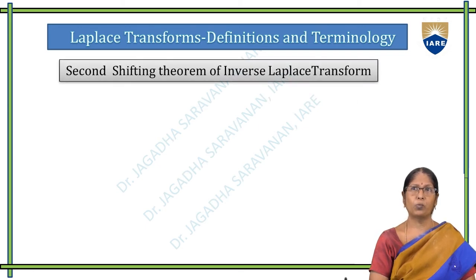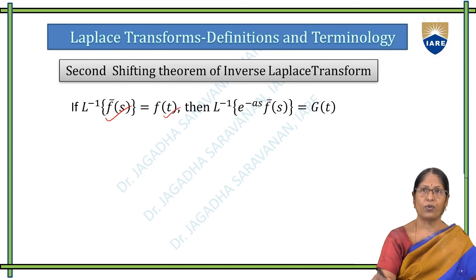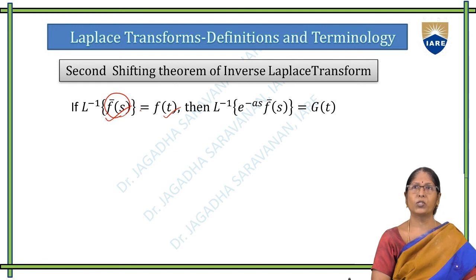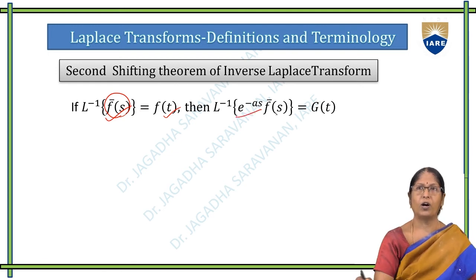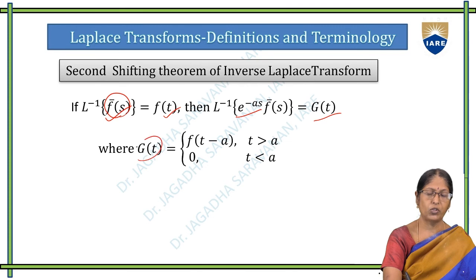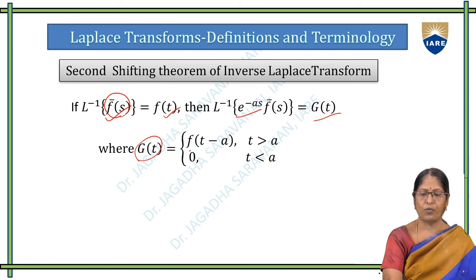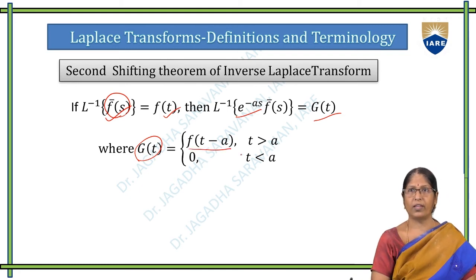The second shifting theorem of the inverse Laplace transform: L inverse of F bar of s is f of t. If this F bar of s is multiplied by e power minus as, we assume that as some capital G of t. What is the connectivity of this capital G of t? It is f of t minus a when t is greater than a, and if t is less than a, it is 0.